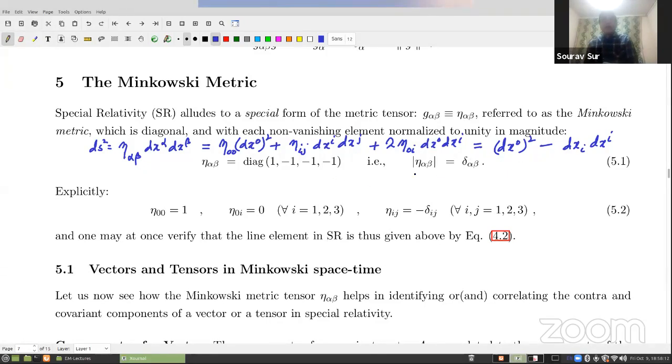So that means the coefficients are +1, -1, -1, -1. All the diagonals would exist. This guy would be 0. Only the diagonals would exist. The cross terms would be 0. And explicitly, eta 0 0 is +1 and eta 0 i is 0. Eta ij is minus delta ij. So by definition, delta ij is diagonal.